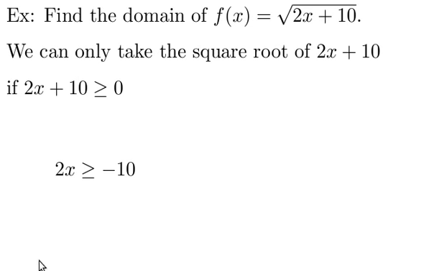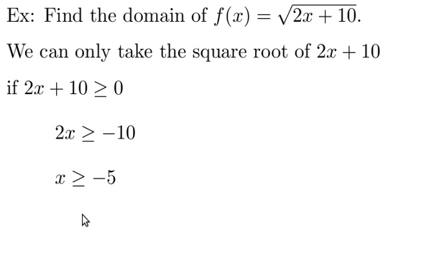Then we divide both sides by 2, and since this is a positive 2, we don't need to flip the sign. We get x is greater than or equal to negative 5.